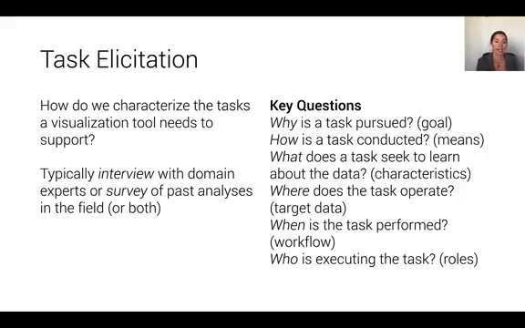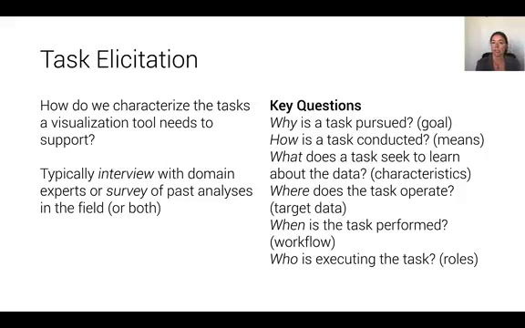We can deconstruct a task using this who, what, when, why, where, how framework that we teased a little bit at the end of our last video. So the key questions we want to try to answer from our task elicitation all relate to individual properties of task characterization. These questions are: why is a task pursued? This will define the goal of visualization use. How is a task conducted?